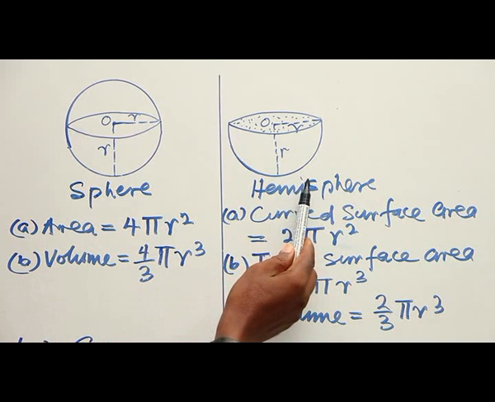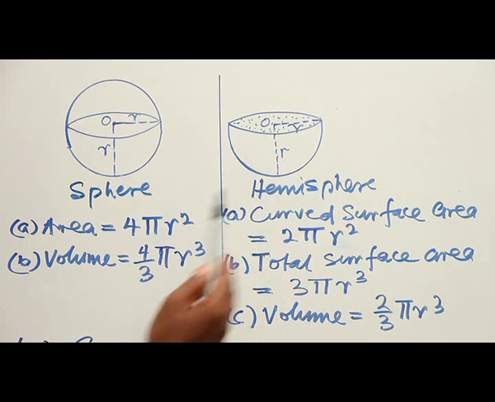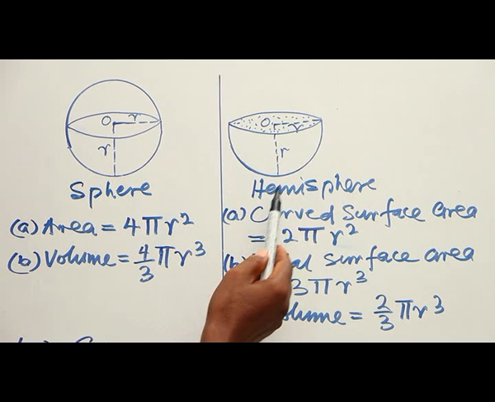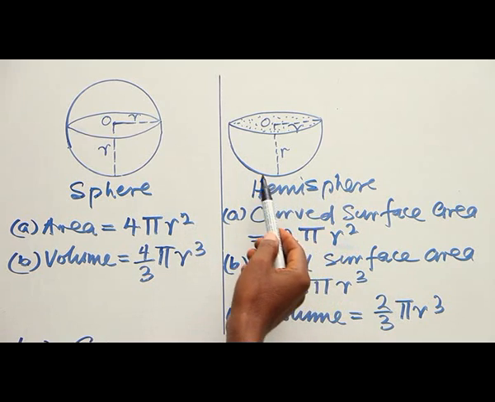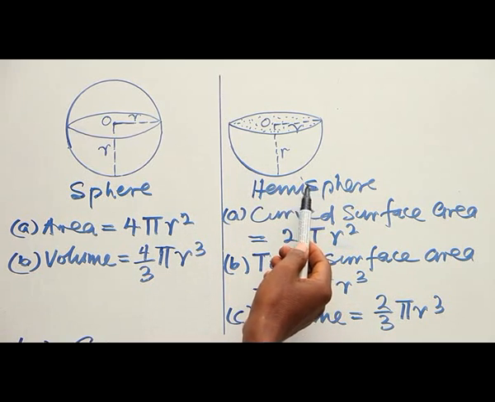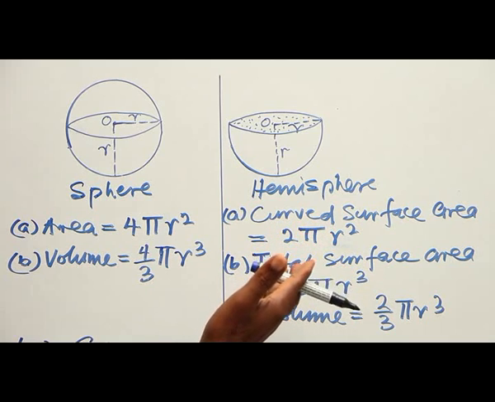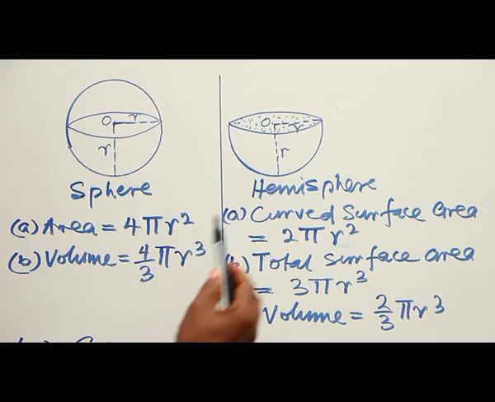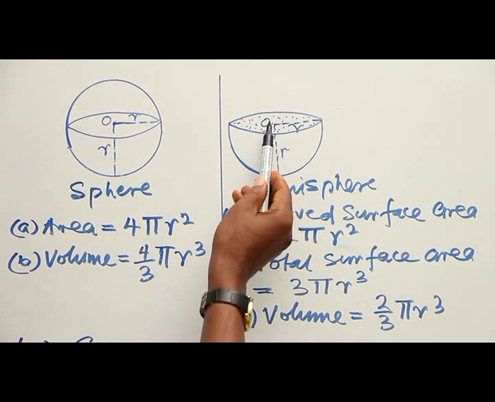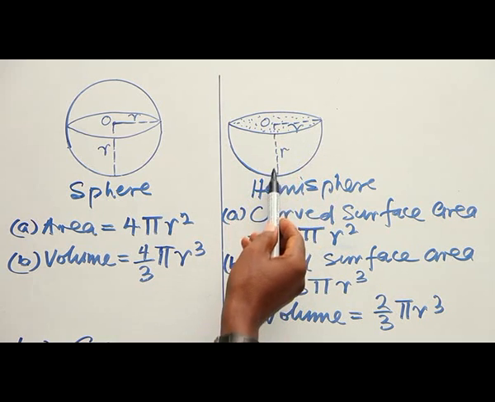For the hemisphere, which is half of a sphere. In most cases, we see this example in bowls, some of the bowls that we use in our daily activities. Now, this hemisphere has the center, the radius as indicated.